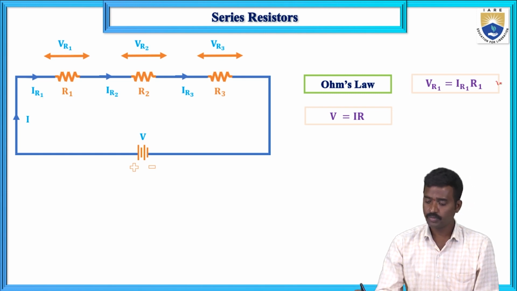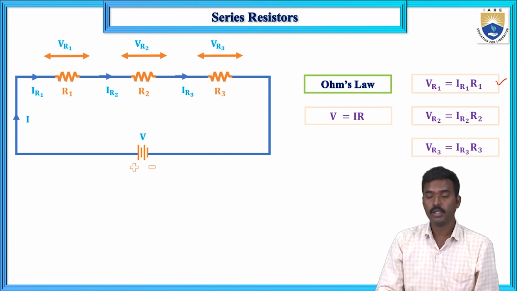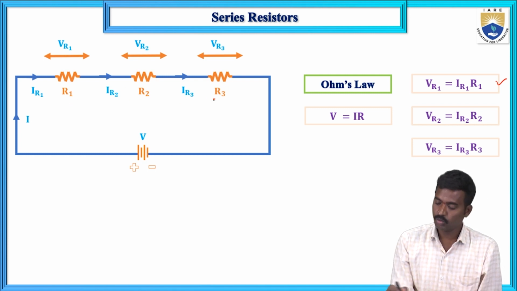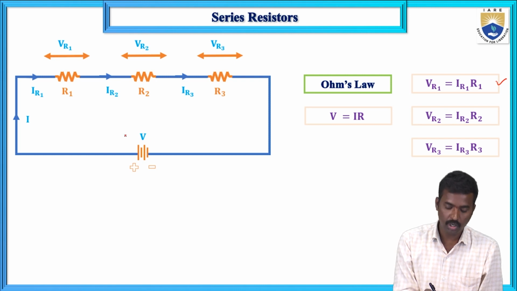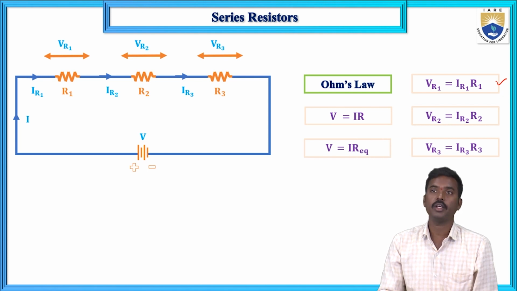Next, VR2 equals IR2 into R2. Next, VR3 equals IR3 multiplied by R3. Next, if you consider these three resistors as a single equivalent circuit, that is R equivalent, then V equals I into R equivalent.